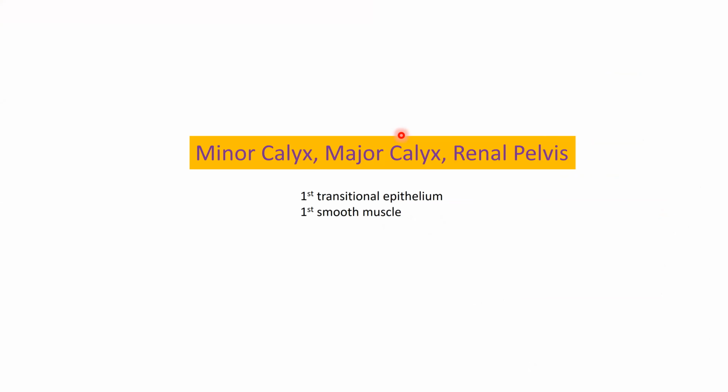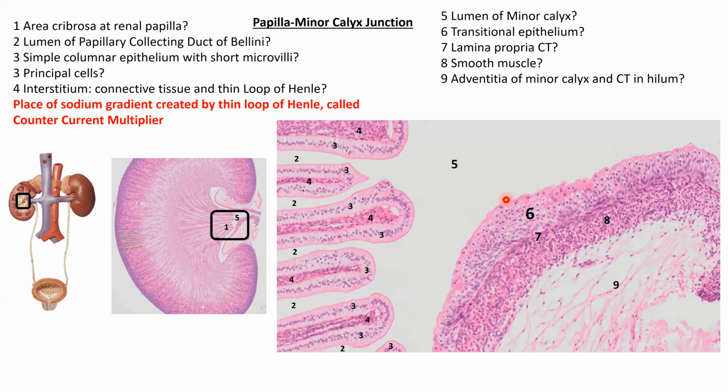Okay, now we're going to start from top to bottom, but we actually analyzed everything; this is really a repeat. Minor calyx is the first place where the transitional epithelium shows up, and the first smooth muscle layer shows up. And of course, major calyx and renal pelvis follow. And this was explained to you.